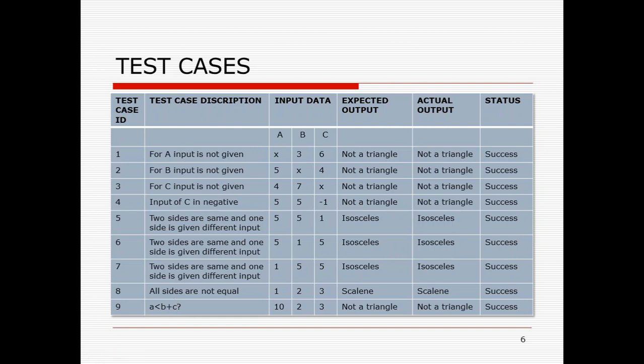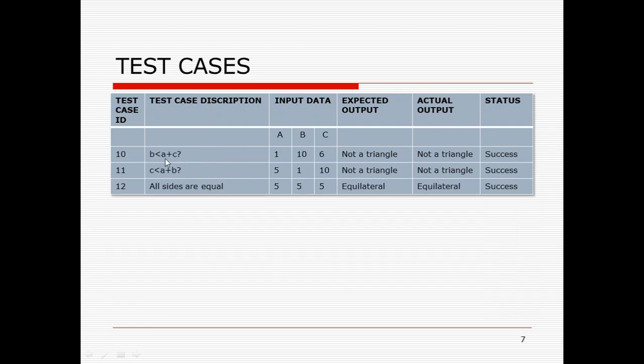Suppose a particular value you have given is quite high: A is 10, and B and C are 2 and 3. So 2 plus 3 is 5, which is less than 10. It cannot form a triangle of this size, because one side is bigger than the sum of the other two. So this condition becomes false, and false means we cannot form a triangle. Not a triangle, success.